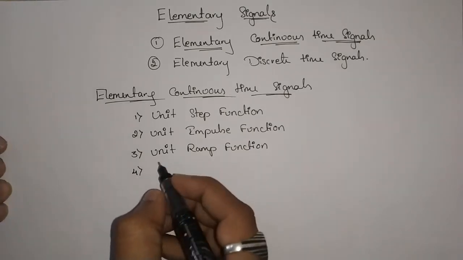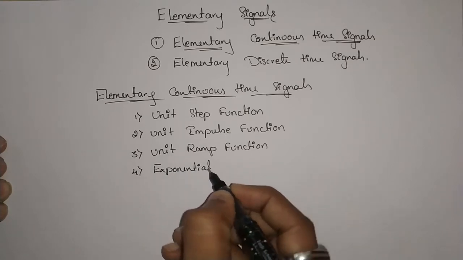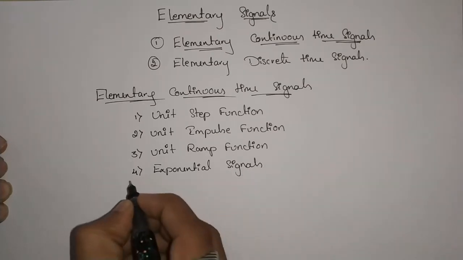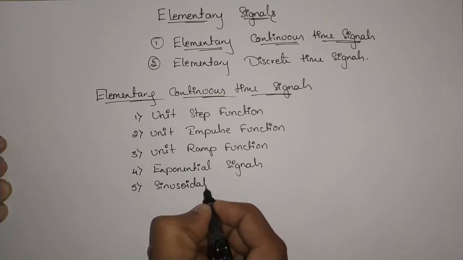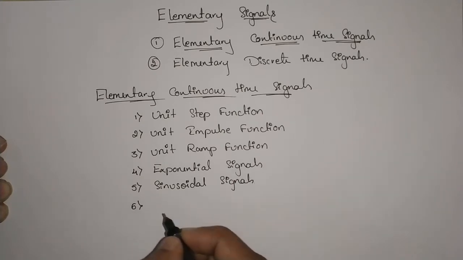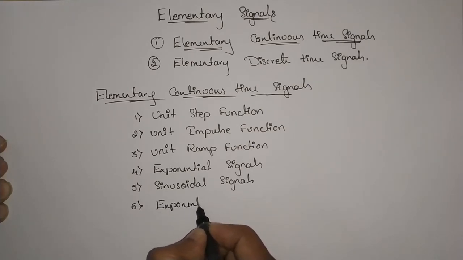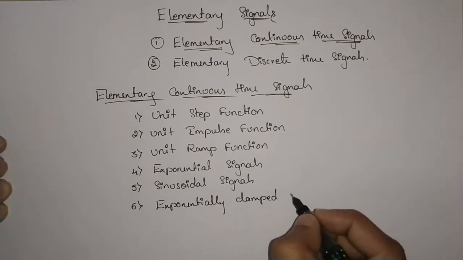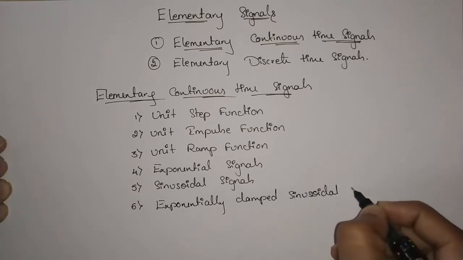Fourth one, exponential signals. Fifth one is sinusoidal signals. Sixth one is exponentially damped sinusoidal signals.